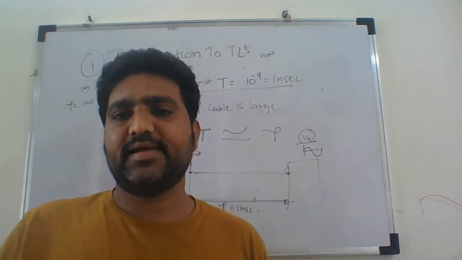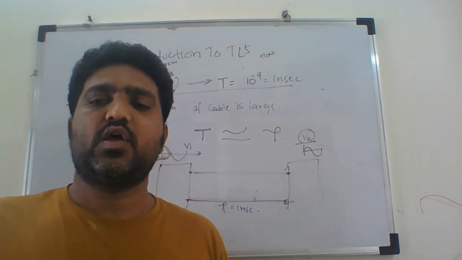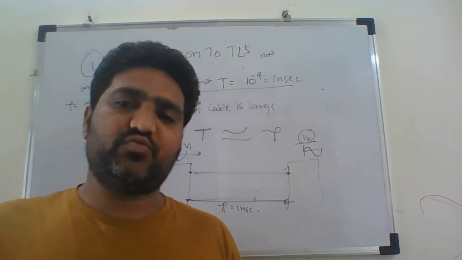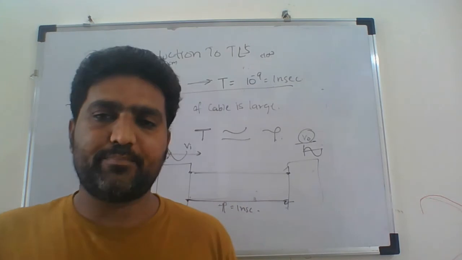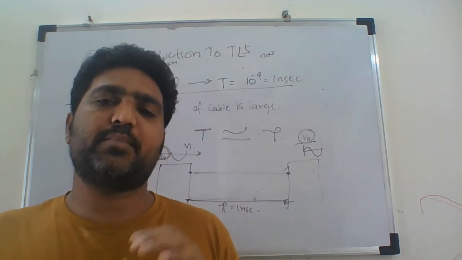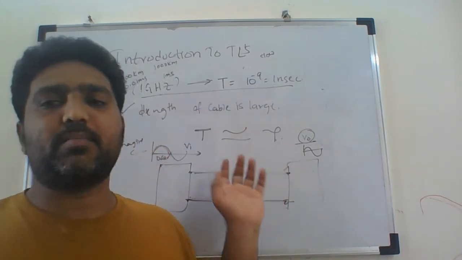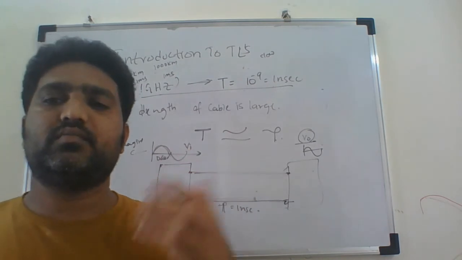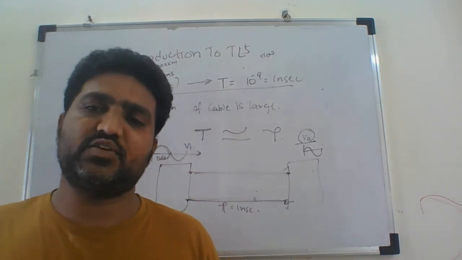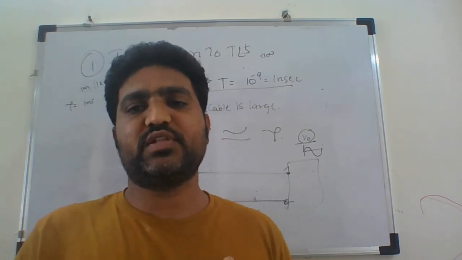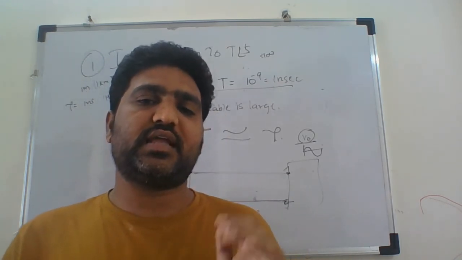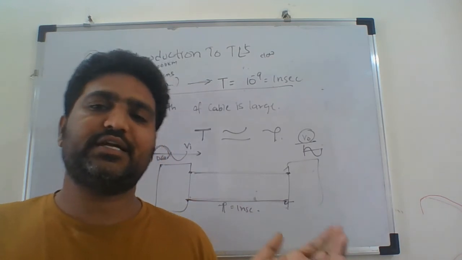Whereas at high frequencies, or if the length of the cable is very large, the delay becomes comparable to the rate at which the signal changes. Therefore, in those cases at high frequencies we need to take the cables or wires into account.